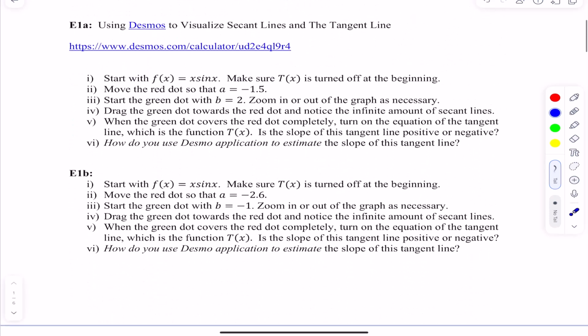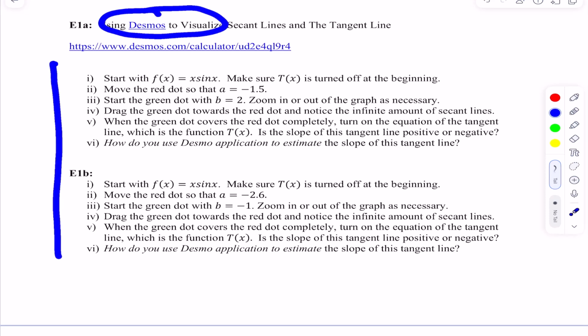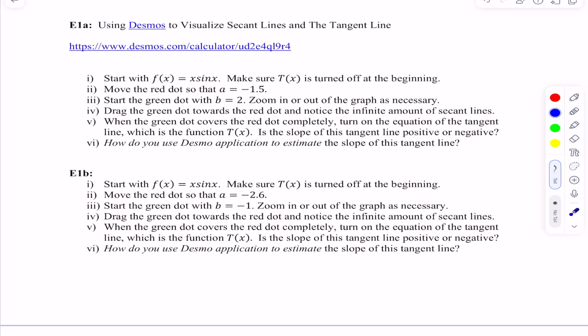For further investigation, especially if you're curious, go ahead and use Desmos and follow this exercise so that you understand what a secant line of a function is and what a tangent line of a function is. You want to do that before we dive into the formal definitions of the derivative function.